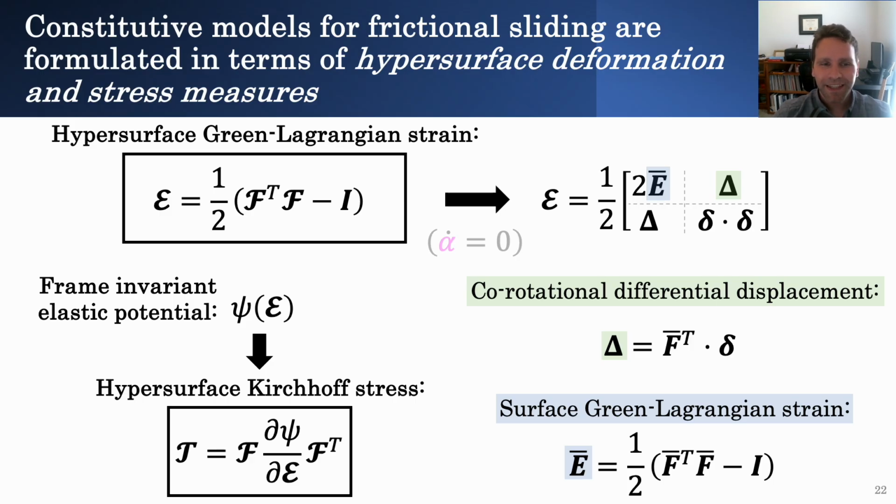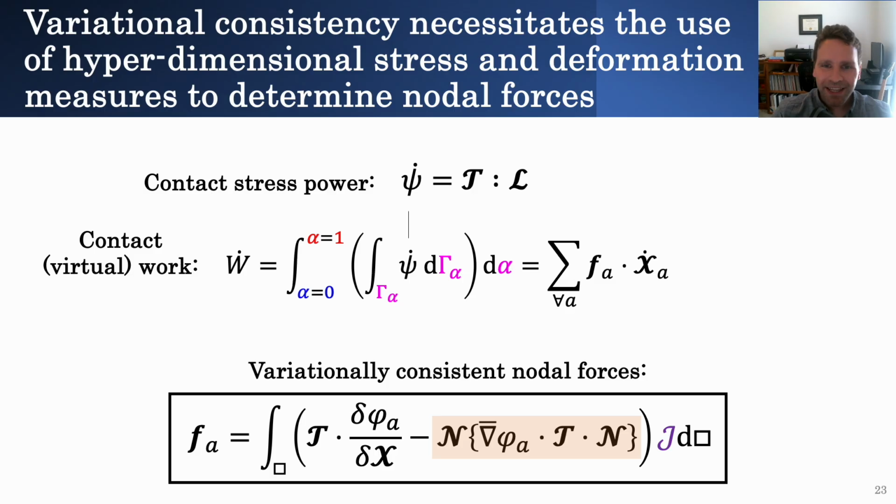So, given these definitions, I can then, in a generic way, suppose that for a particular expression of the hypersurface potential function psi that expresses that contact constitutive model, I can come up with a corresponding contact stress power term expressed in terms of that hypersurface stress tensor, taken with an inner product with the hypersurface velocity gradient.